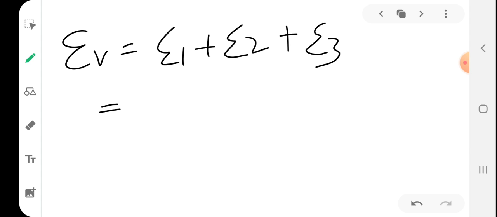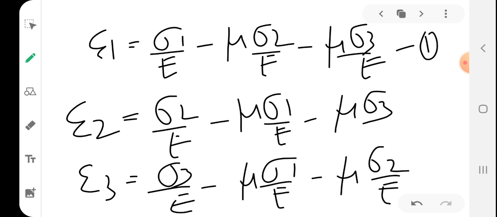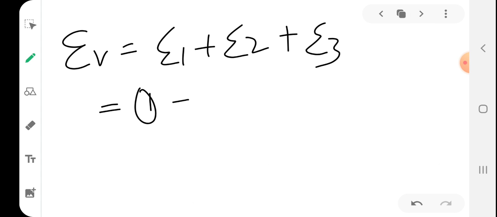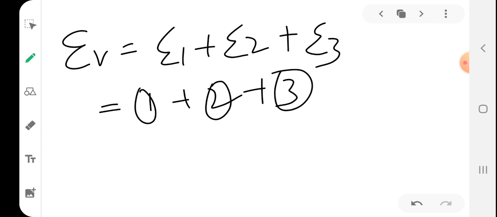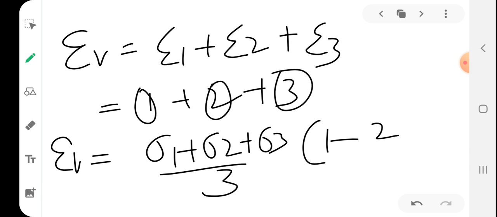So we have to add all the three equations. If you add, you will find epsilon V equal to sigma 1 plus sigma 2 plus sigma 3 by E into 1 minus 2 mu.